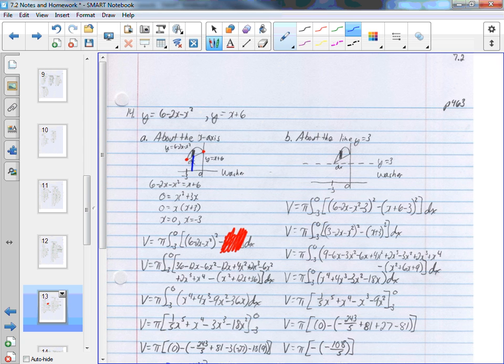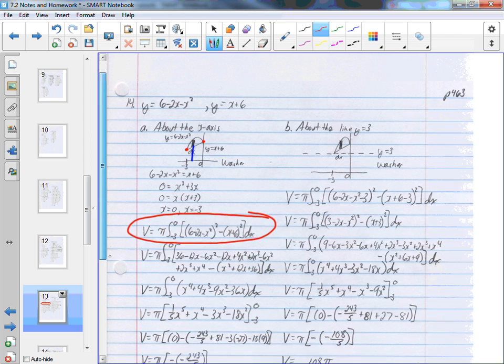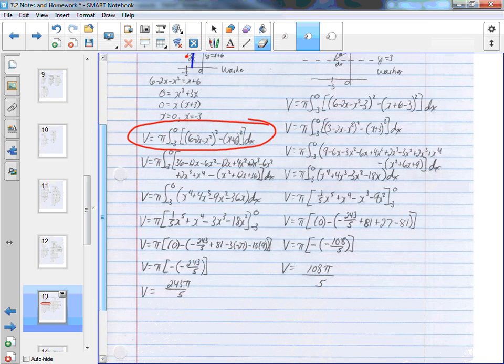So instead of putting 6 minus 2x minus x squared to represent the y-coordinate, I put x plus 6 to represent the y-coordinate. And then it's got to be squared. Inner radius squared. All right, so you with me to here? Okay. Then you do a tremendous amount of number crunching.